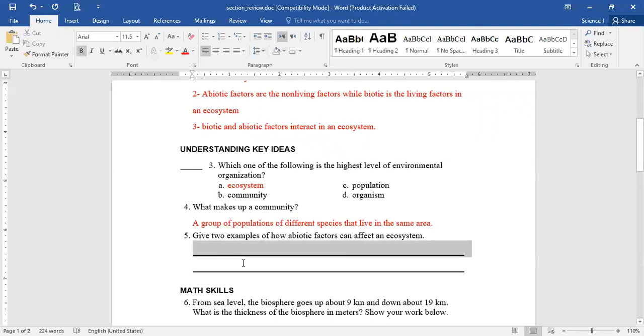Temperature affects organisms which can live in an ecosystem, and water affects plants which can grow in an ecosystem. Good. Okay.